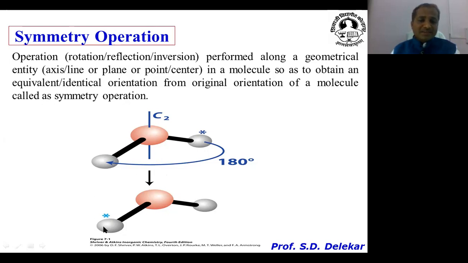The labeled hydrogen shifts here, and the unlabeled hydrogen shifts here. Identical orientation means that both the overall framework of the molecule and the position of the like atoms are the same.